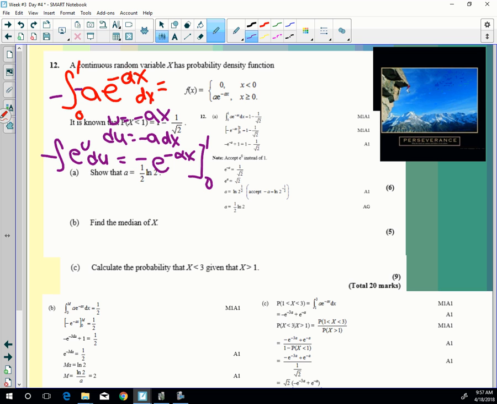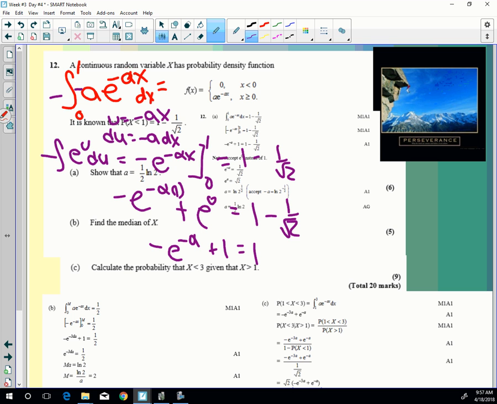And they know that it's equal to 1 minus 1 over the square root of 2. So when we put a 1 in here, I'm going to get negative e to the negative alpha times 1, minus negative e to the 0, which is 1, is equal to 1 minus 1 over the square root of 2. Do you see how the 1's cancel out?